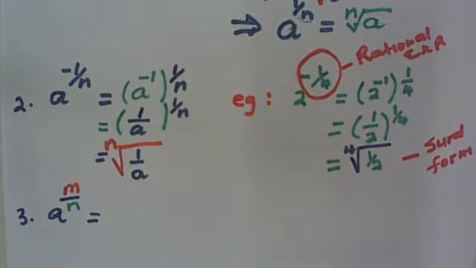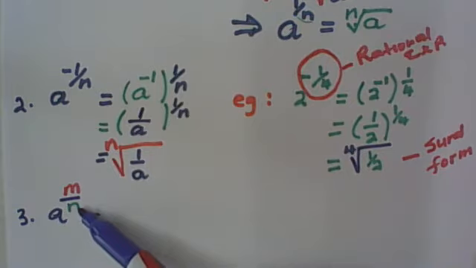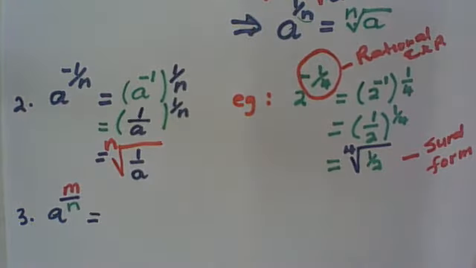Let me continue. The first thing that we need to do is to expand this. m divided by n is the same as the factors of m multiplied by 1 over n.